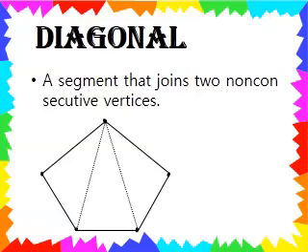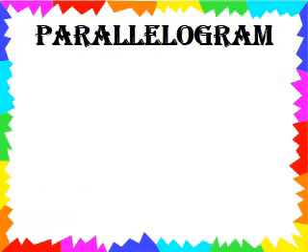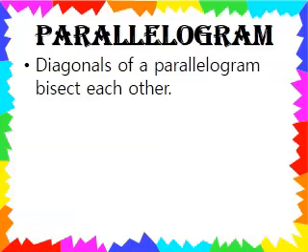Also this is a diagonal. Also this is a diagonal. This is a diagonal, and this is a diagonal. So what's a diagonal? It's actually a segment that joins 2 vertices. In a parallelogram, the diagonals bisect each other.